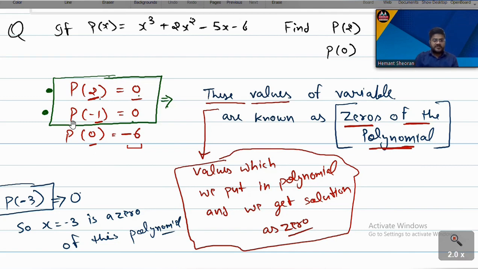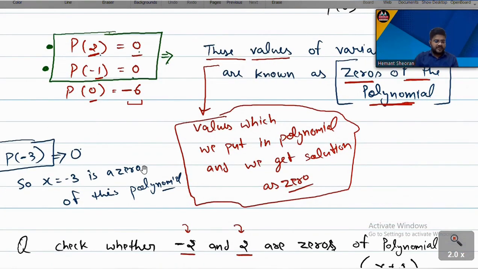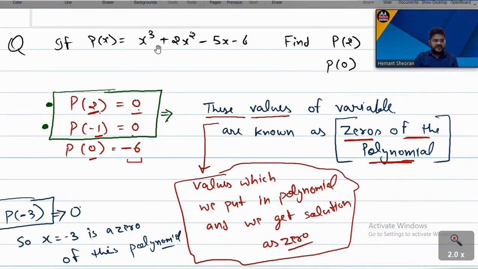So we call them zeros of a polynomial, and at the end I told you how many zeros are possible for a polynomial. What will you say? It depends on the equation given, for example a cubic equation. How many zeros can be there?